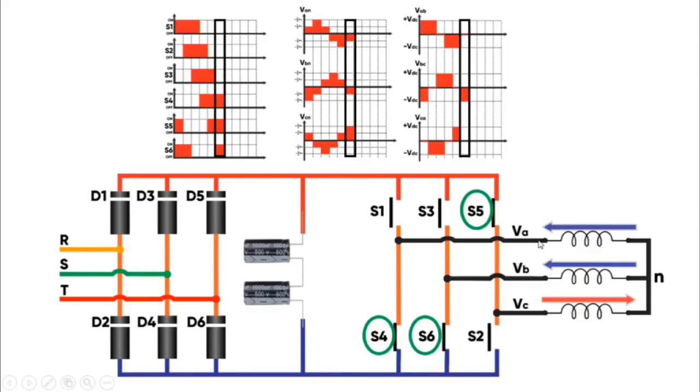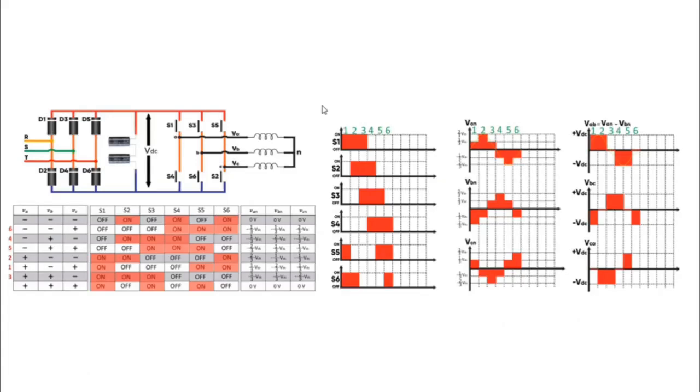And in each of these, again, a separate potential difference is created. Our VAN becomes minus 1/3 VDC, and our VBN also becomes minus 1/3 VDC, which, as we mentioned, shows us the difference between these graphs.